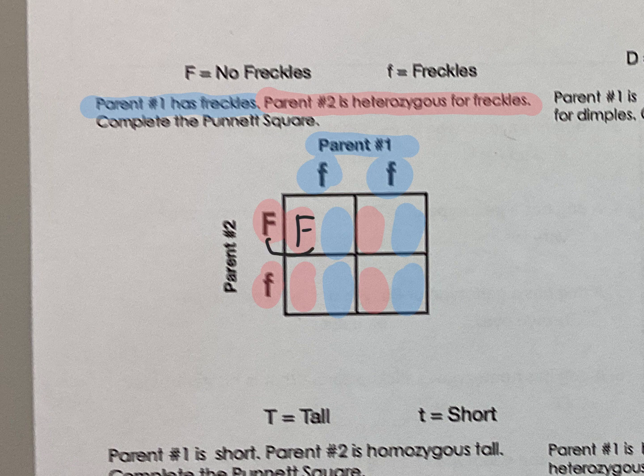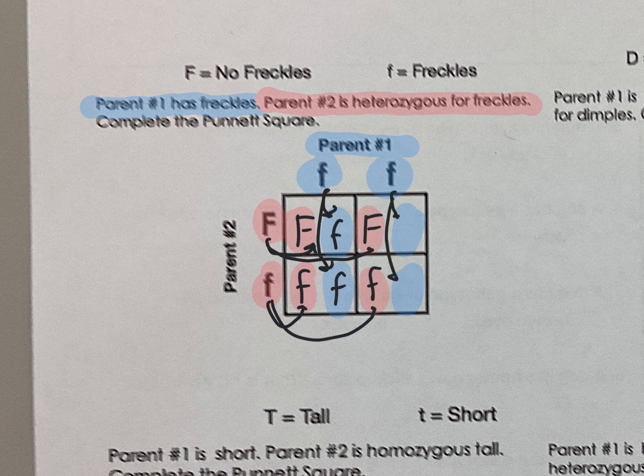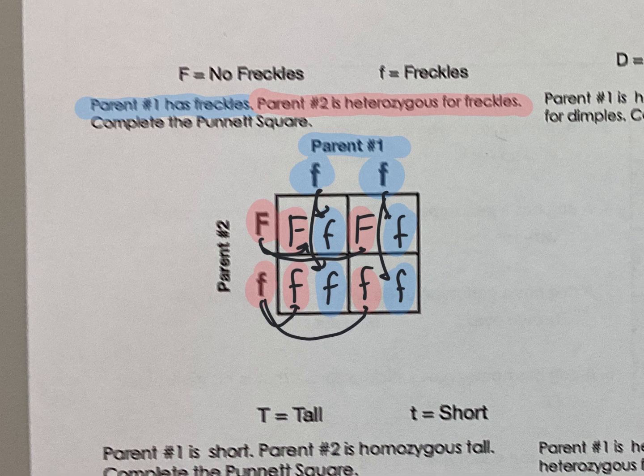So this big F gets dropped in right here and right here. This little f gets dropped in right here and right here. And then these ones just go right here. So it's the first one done.